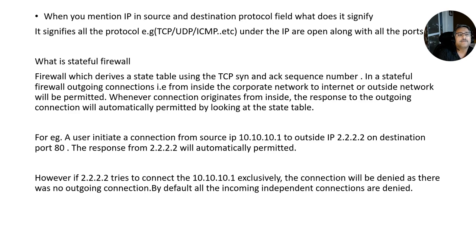So the sender will maintain a TCP state table of sequence numbers and acknowledgement numbers. Okay, and the recipient will also maintain a separate table of its own. So both recipient and sender can track whatever data has been sent, and whether they have received the acknowledgement. If they have not received the acknowledgement for any particular data, then that same data will be sent. That is what TCP does, right?